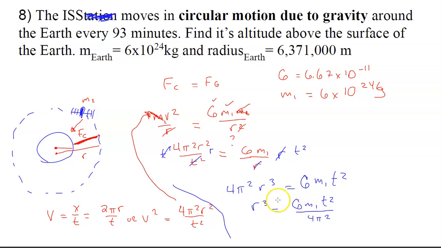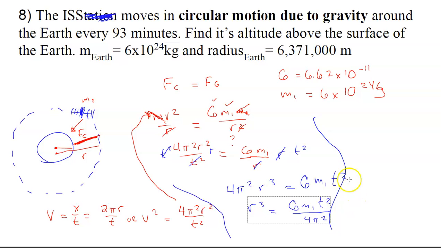So if I take the cube root of both sides, I can get that. So that's where we want to go with this thing, and I think I've got enough room here to finish this up. R equals the cube root of G m1 t squared over 4 pi squared.